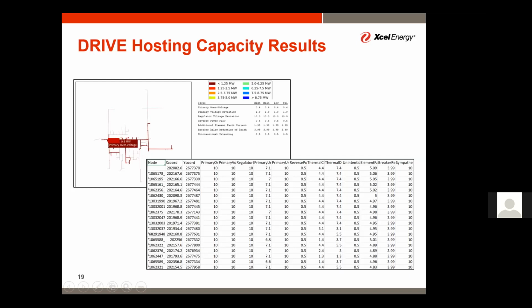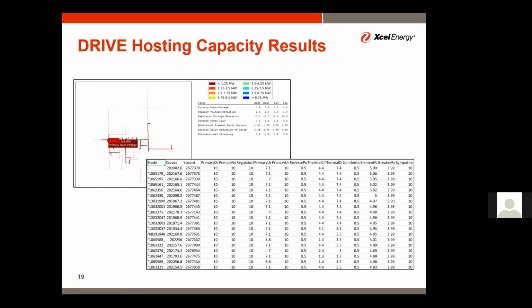So I think I know the answer to this question, but I'm just going to ask again. This is Yoki. So these drive outputs that we're looking at here with the technical criteria violations, are those available to the public?